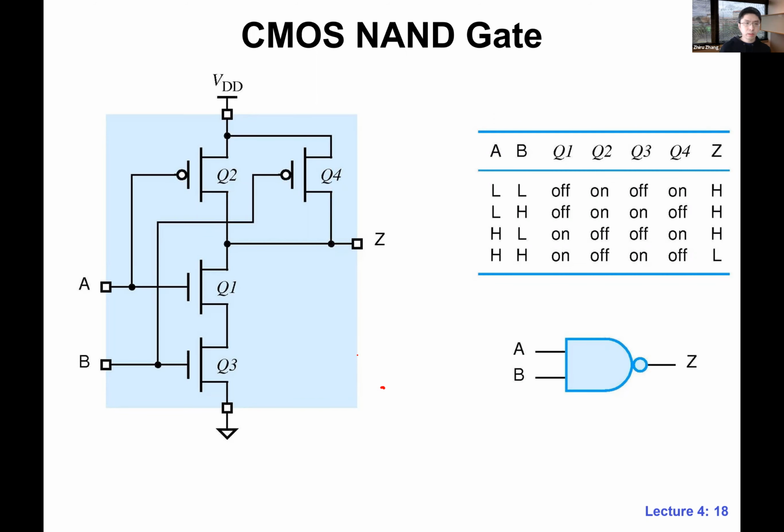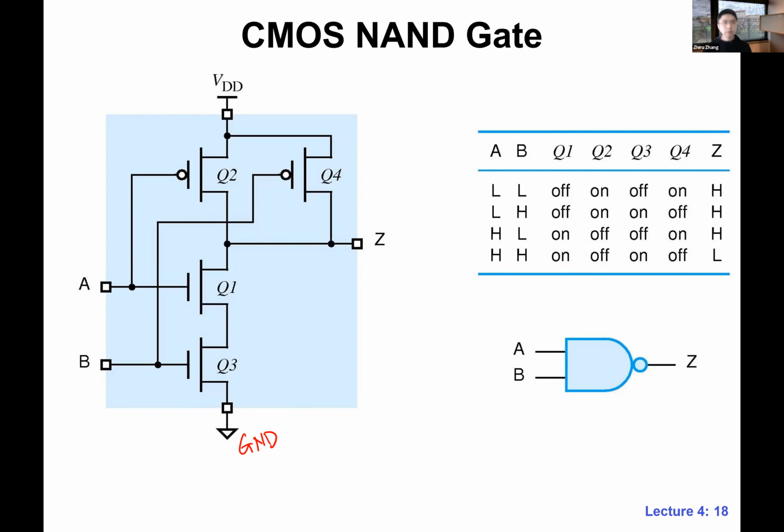If the PMOS network is on, if Q2 or Q4 is on, we are connecting to VDD. That's where Z is high, because VDD means high. Otherwise, the NMOS network is on, the one in the bottom. I keep saying these names, NMOS, PMOS, because this is something you want to remember. If this NMOS path is on, then Z is connected to the ground. Ground means low voltage.